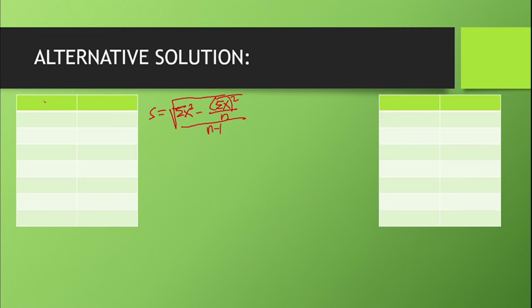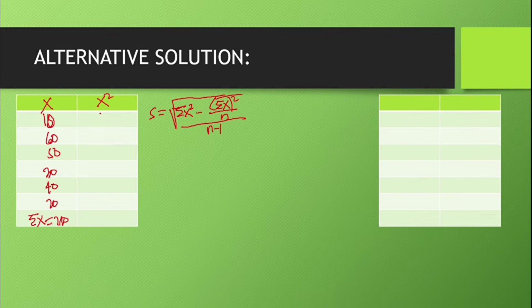So first, the data for this one is 10, 60, 50, 30, 40, and 20. First we're going to get the sum of x because it's needed here. We have 210.